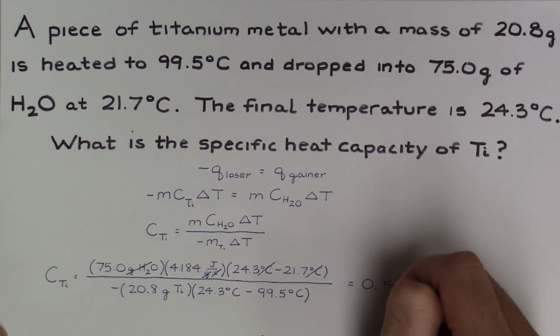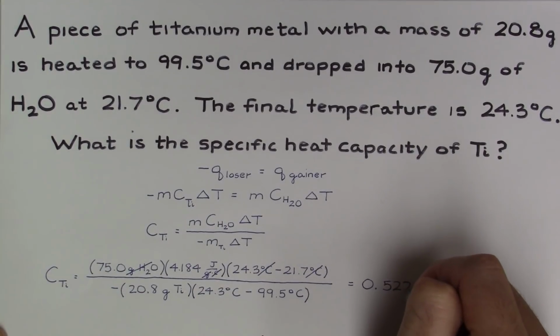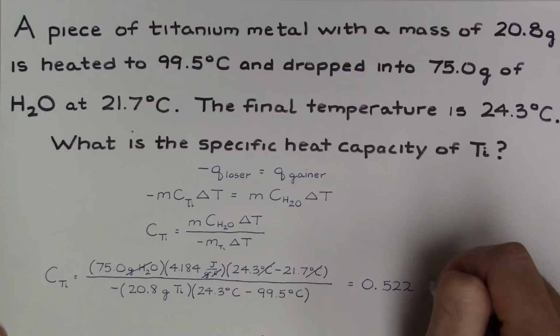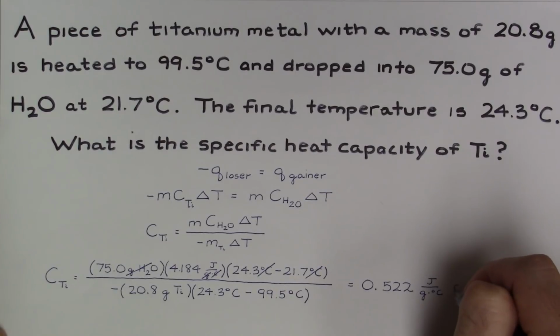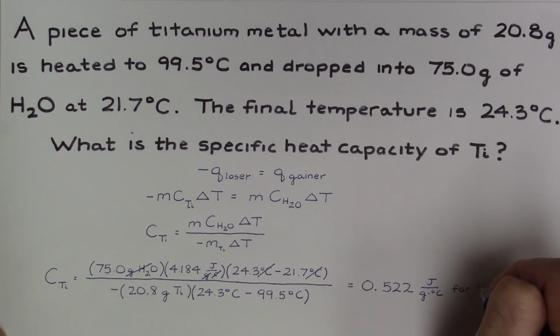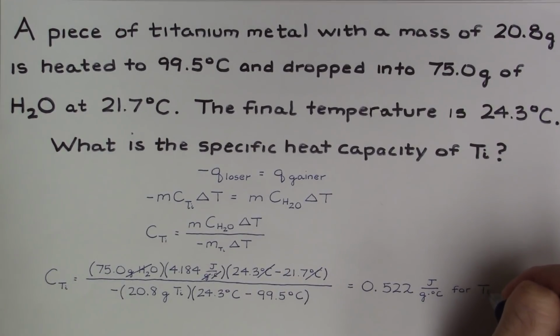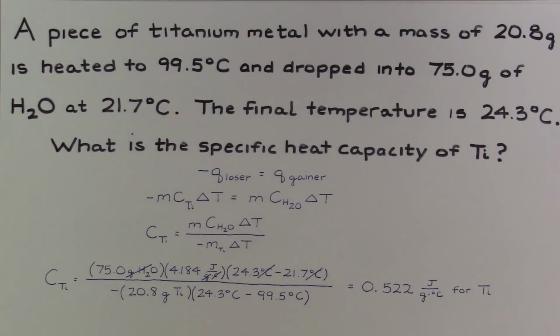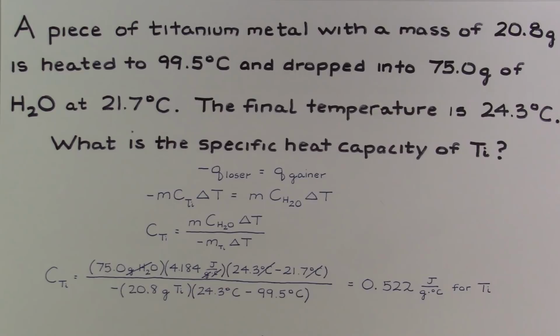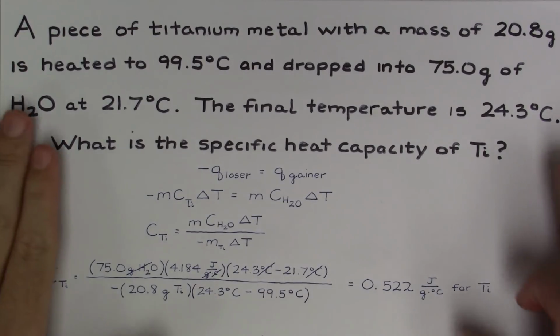If we put all of this information into the calculator, you will get a value of 0.522 joules per gram degrees C for our titanium. It's important to know which variable you are solving for, but more importantly, which species gains and loses. In this case, the loser was titanium, the gainer was our water.